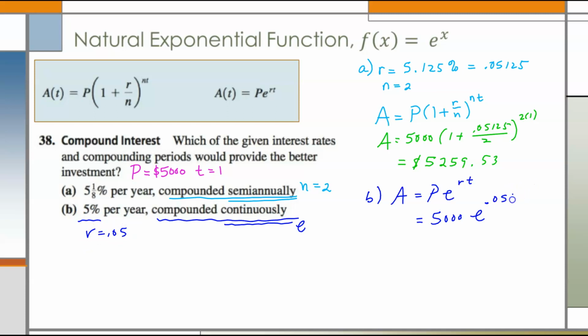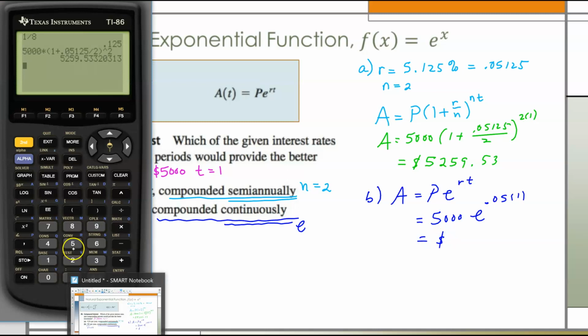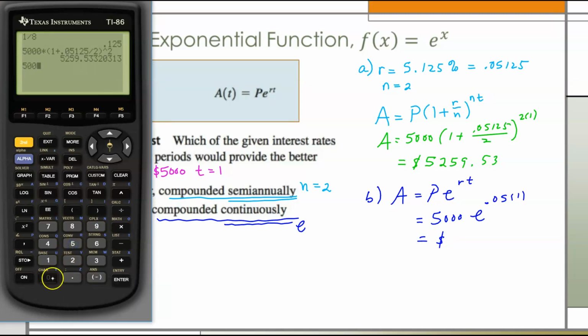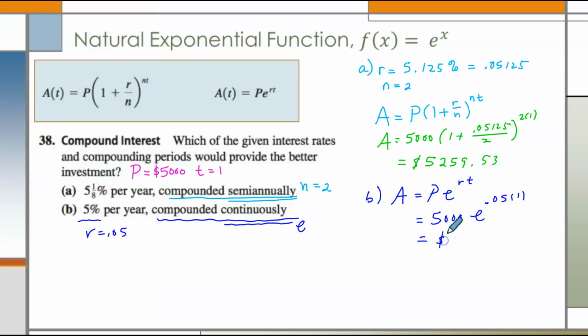And then time, we decided to use 1 year. Okay, we have 5,000 times e to the 0.05 power. And so after 1 year, 5,256.36 if we round properly.